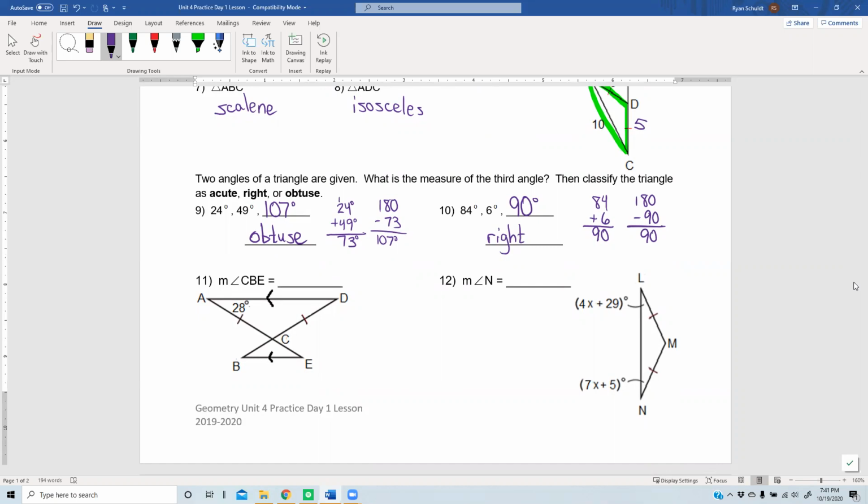Number 11. They ask us to find the measure of angle CBE. So CB is where I turn my corner. That's this angle E. Okay, now on this one, there's two different approaches you could take.